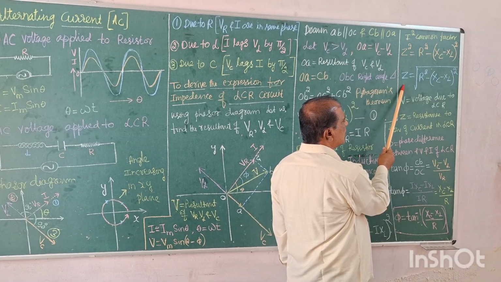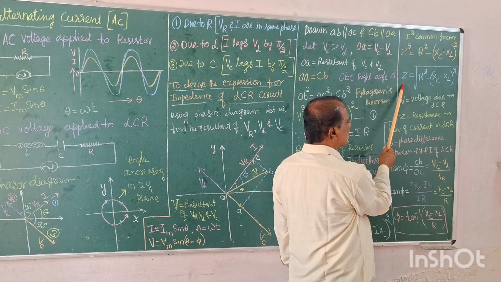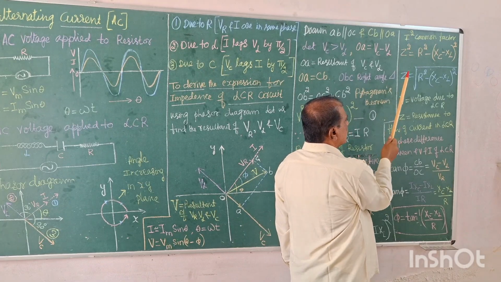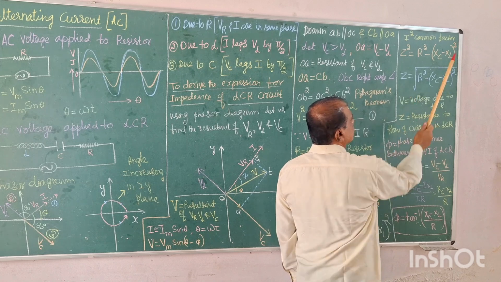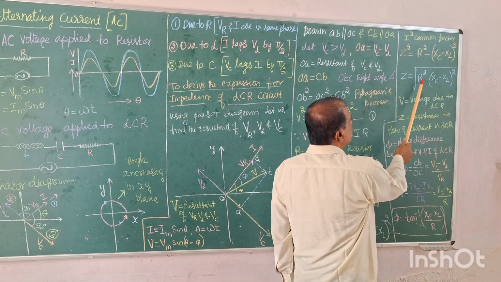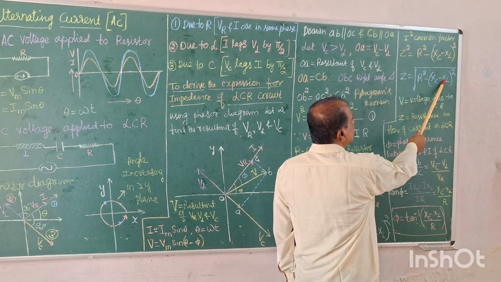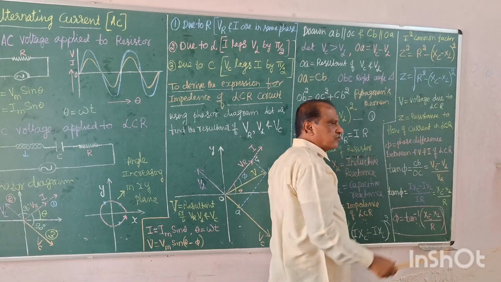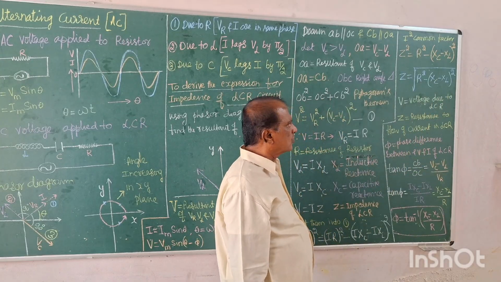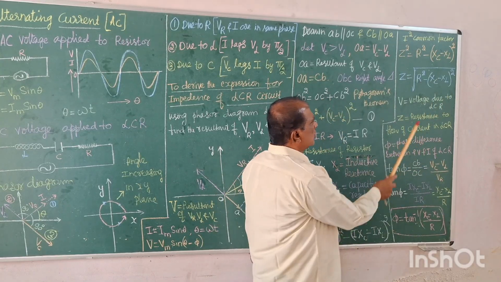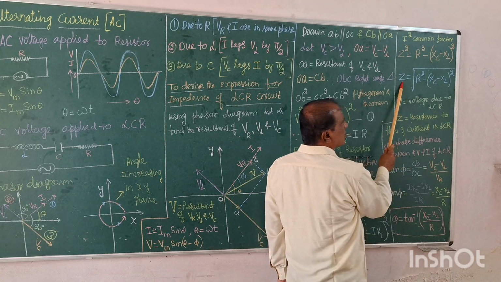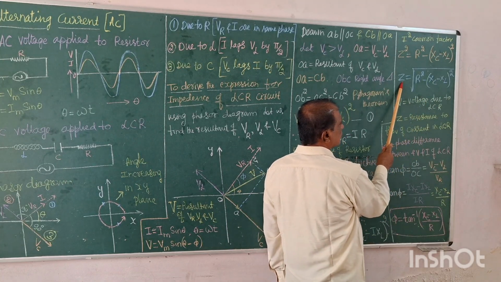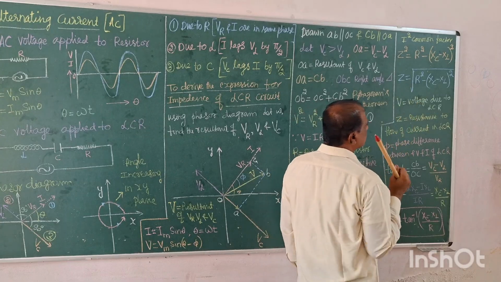This is the expression for impedance of LCR. This mathematical equation is a function of XC and XL. If you know the values of R, XC and XL, you can find out the impedance of the LCR circuit.